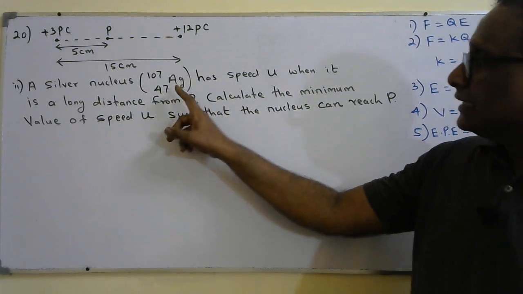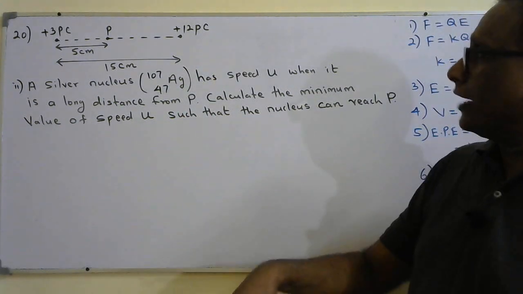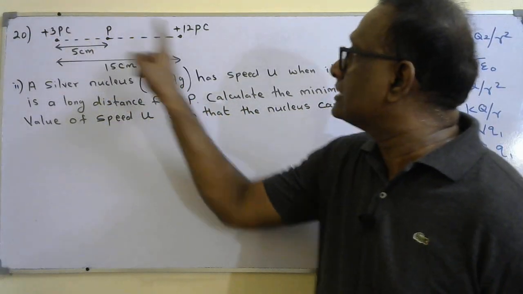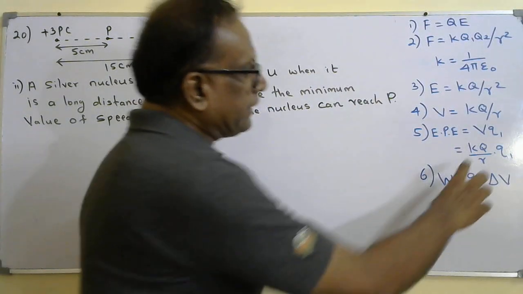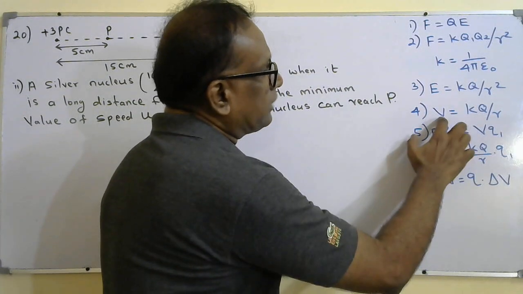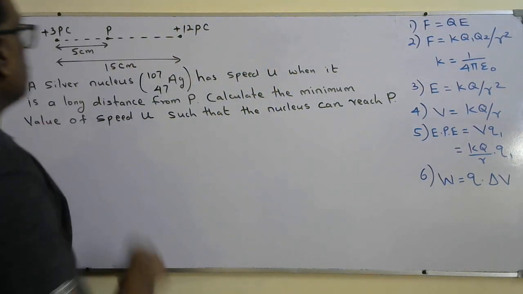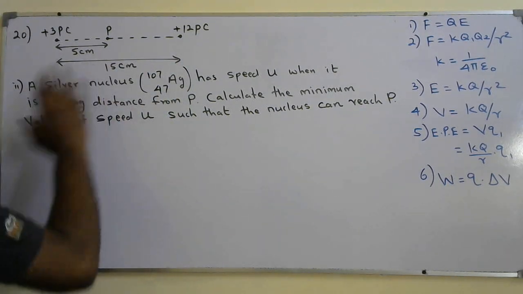That means when the silver nucleus is at the initial point, it won't have any electrical potential due to these two point charges because it's far away. You know that when R becomes much larger, the potential will become 0. So there is negligible potential due to the two point charges at the initial point of the silver nucleus.